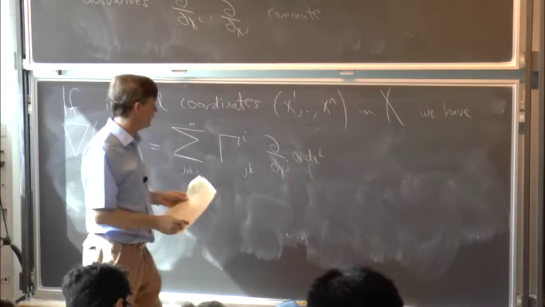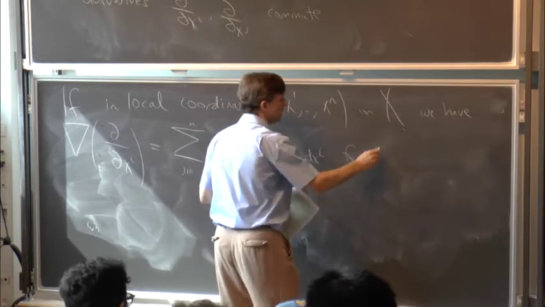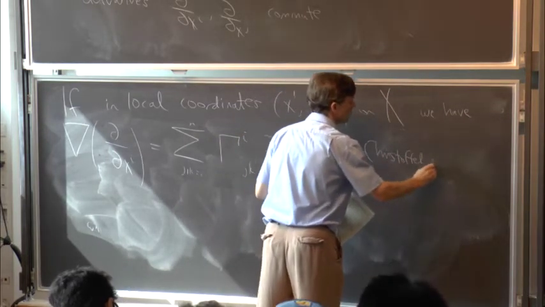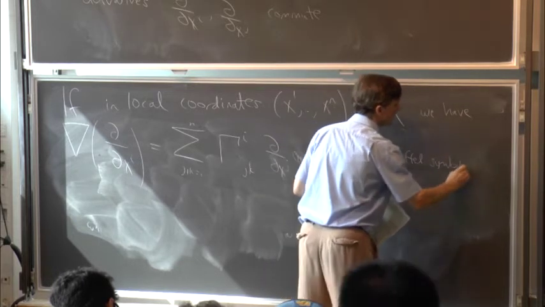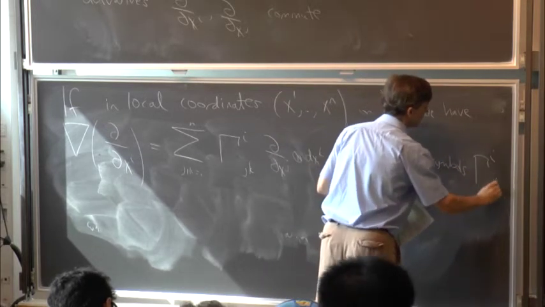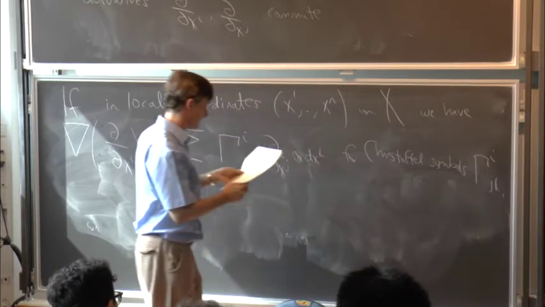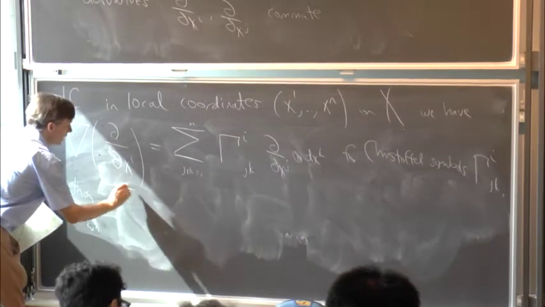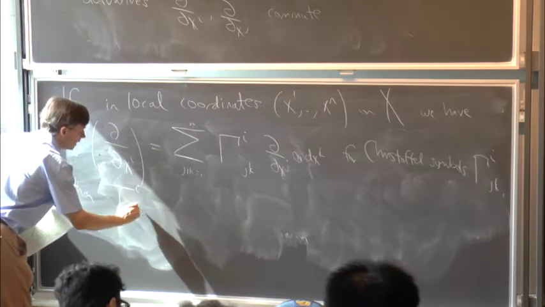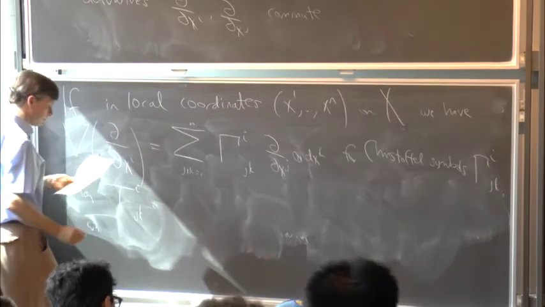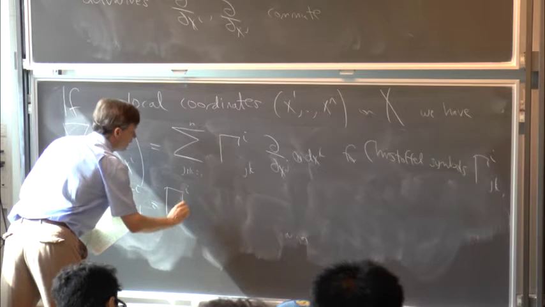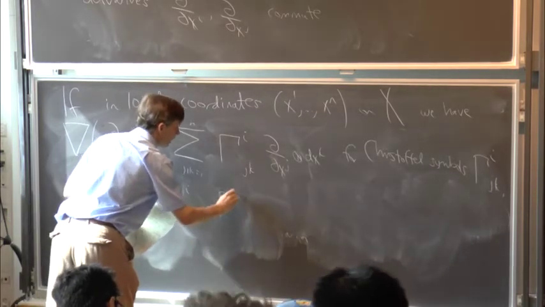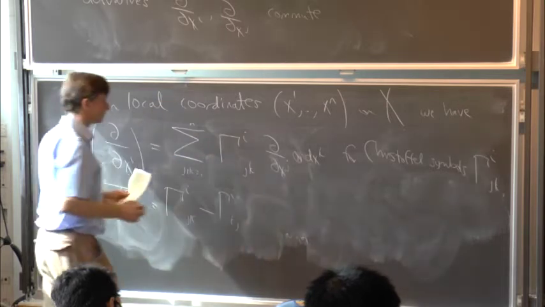If that's true for Christoffel symbols Gamma^i_jk, then T^i_jk is equal to Gamma^i_jk minus Gamma^i_kj.